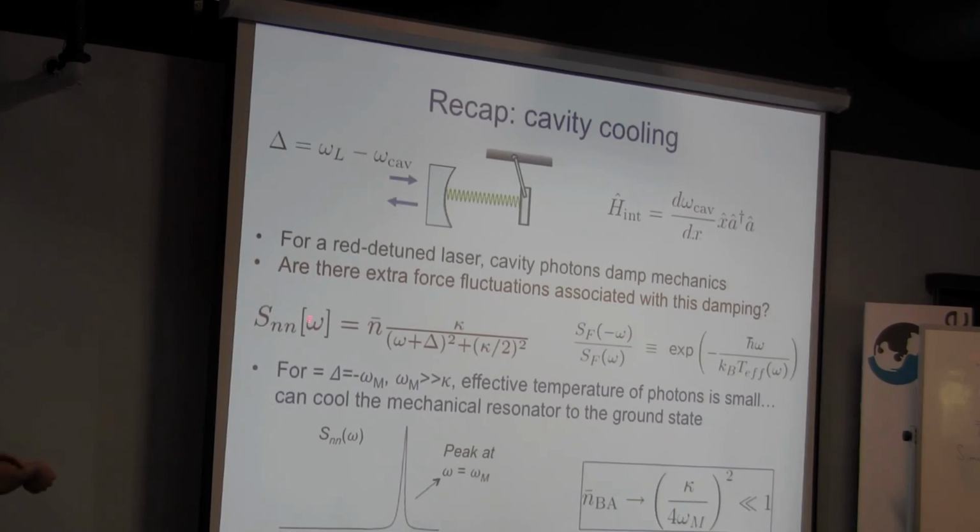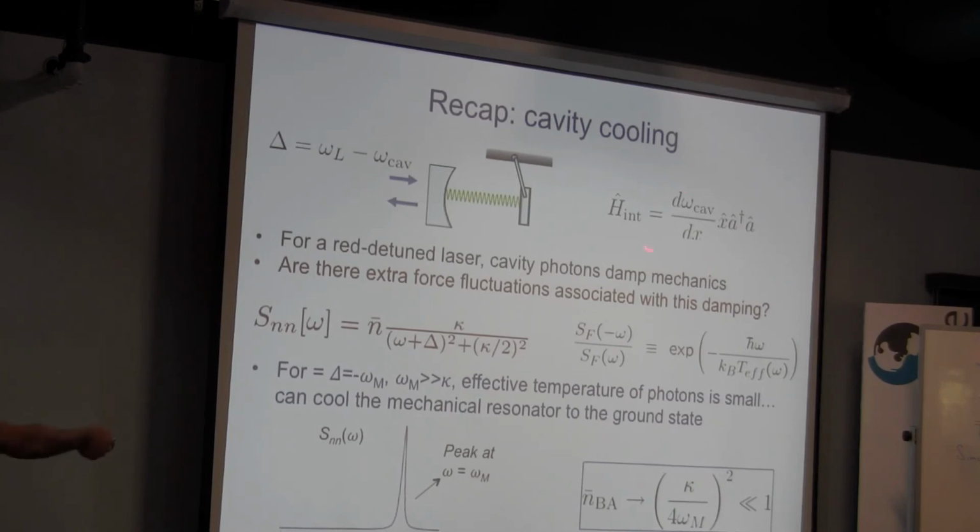If we understand that force noise spectral density, then the asymmetry of that force noise in frequency, the force noise at minus frequency and plus frequency, where this frequency should really be taken to be the mechanical resonance frequency, gives me a measure of the effective temperature of those photons.